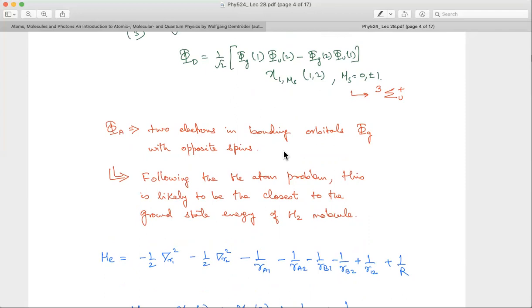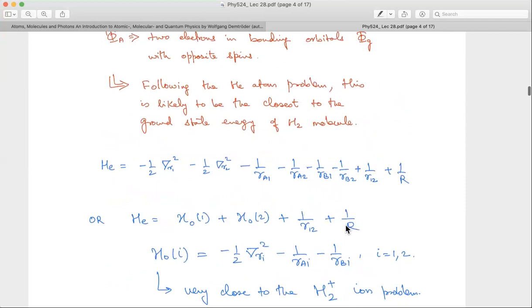Because the phi g was the lowest energy state. So following the helium atom problem, just like in the helium atom, I had 1s and 1s. So the phi A state is likely to be the ground state energy of the helium. So let me start with that, and then we'll do explicit calculations to check that. Okay, so let's proceed with that.